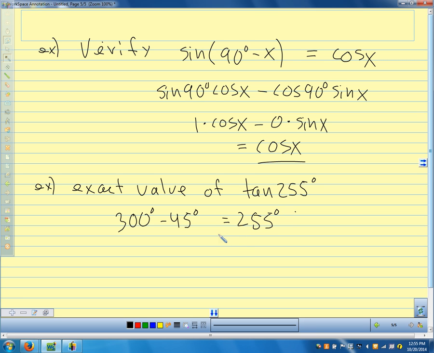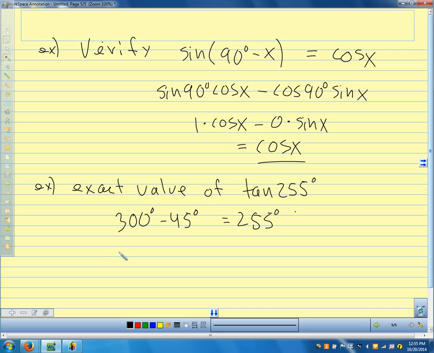Yes? Because we don't know the tangent of 255 degrees. In our formula, we have the tangent of u and the tangent of v. To find the exact value, we would have to know the exact value of tangent 255.